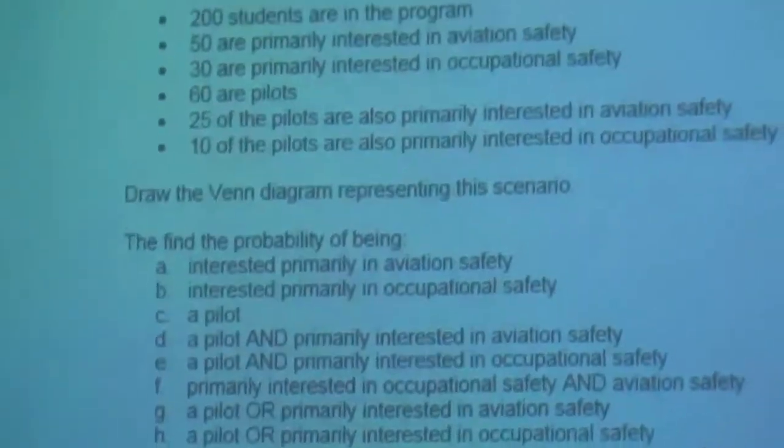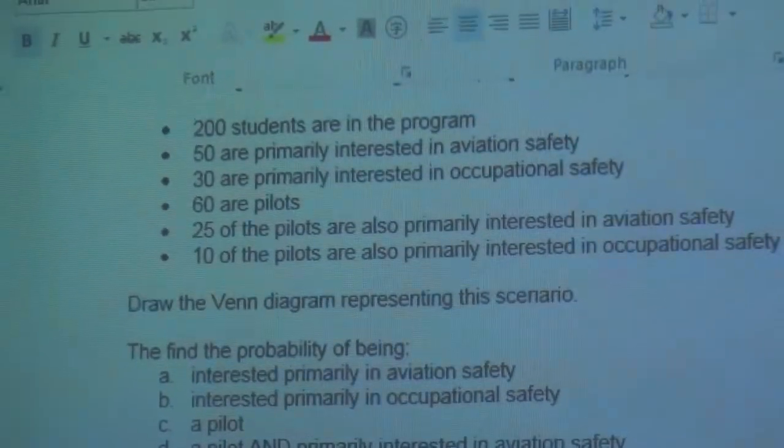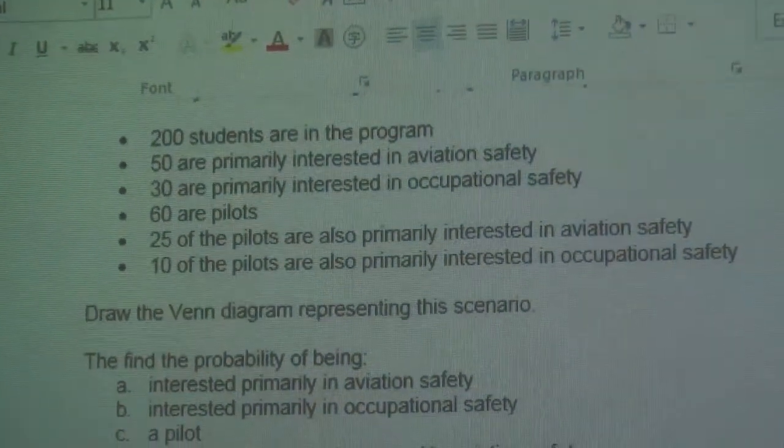Let's take a look at the Venn diagram first. This is where I said there were 200 students in the program, so that's omega, the universe. Then 50 in aviation safety, 30 in occupational, and 60 that are pilots. And then 25 pilots who are also interested in aviation safety, so that's the intersection, and 10 pilots primarily interested in occupational safety, so that's the intersection of those two.